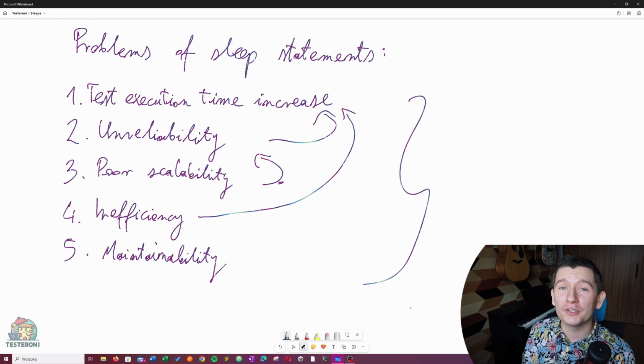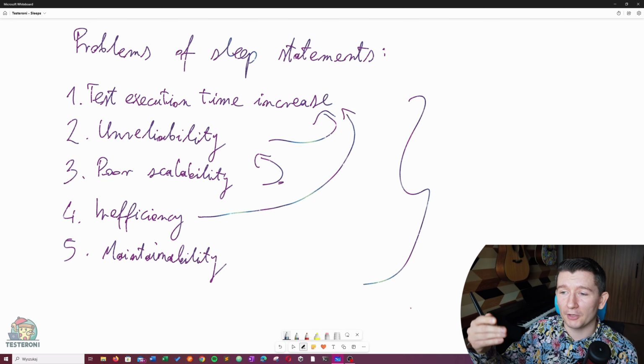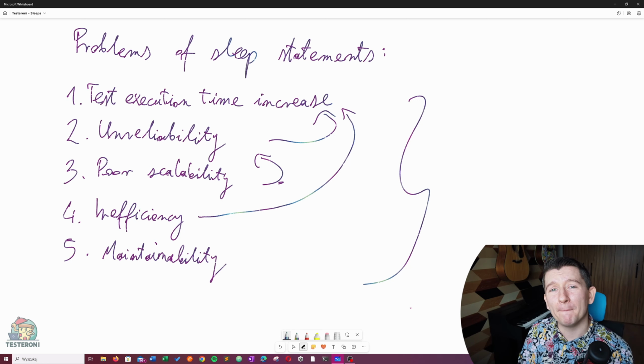And I would say that there certainly are situations where sleep statements are either very helpful or actually the best way to go about things. And the example we have discussed in the previous lesson, or the problems we have discussed in this lesson, may make you a little hesitant to trust me on that one.